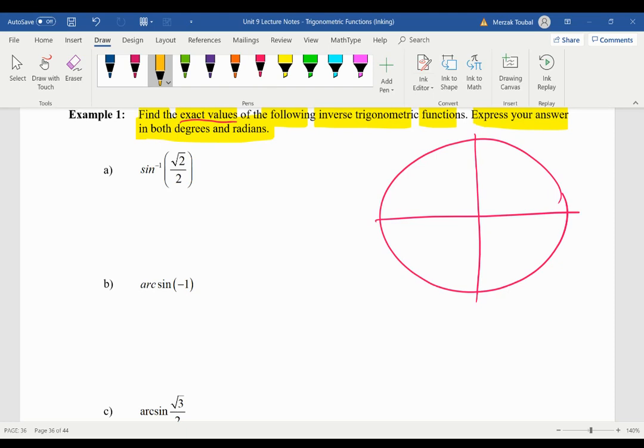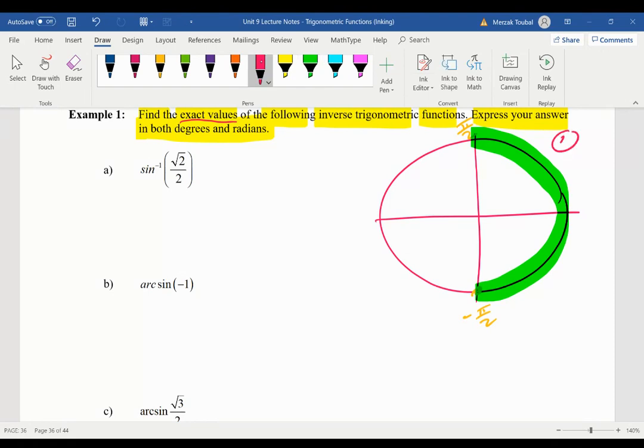So if the range is from negative pi over 2 to pi over 2, here's negative pi over 2, and here is pi over 2. So from negative pi over 2 to pi over 2, it will include quadrant 1 and quadrant 4.